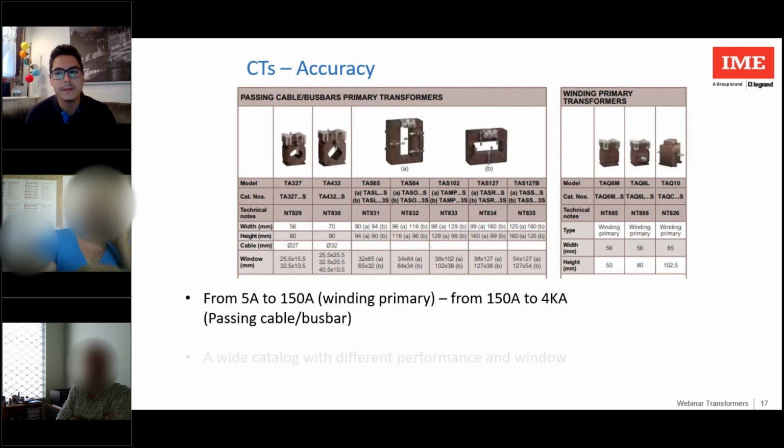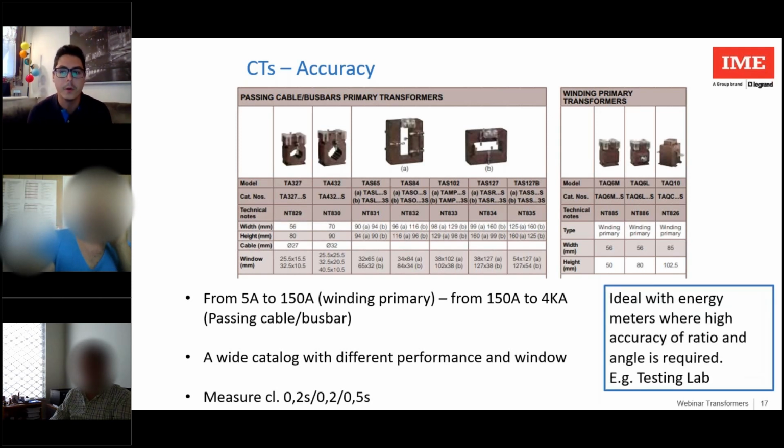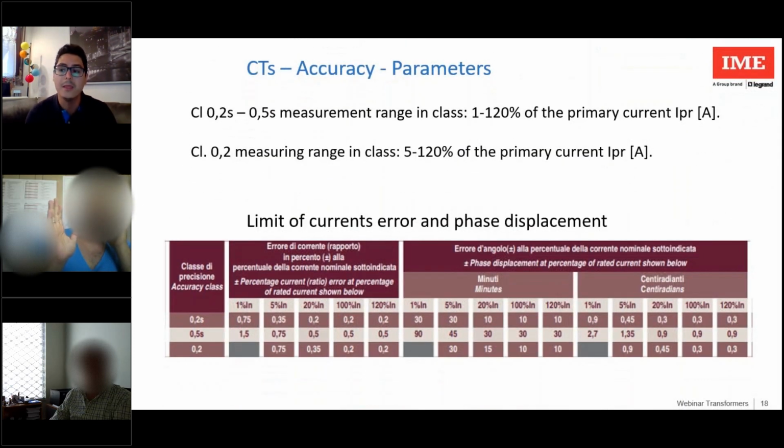Here we will find the classes 0.2S, 0.2, 0.5S, and they are generally used in situations where better precision and strong current excursion are required, such as in laboratory tests. As I say, precision CTs can increase the level of precision and widen the measurement range.